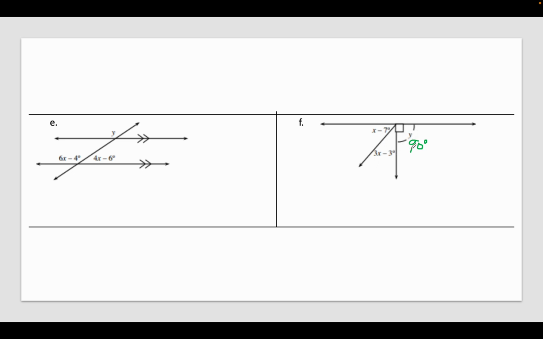Now we know that all three of these angles add up to 180 degrees, which would be x minus 7 plus 3x minus 3 plus 90 equals 180.